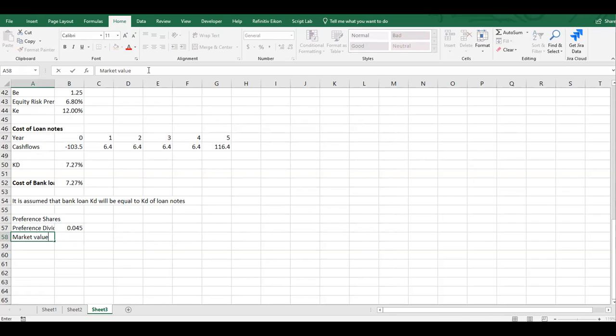Market value is 0.64. So cost of preference share is preference dividend over market value, which is 7.03%.